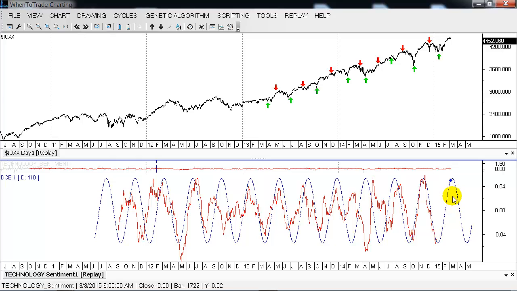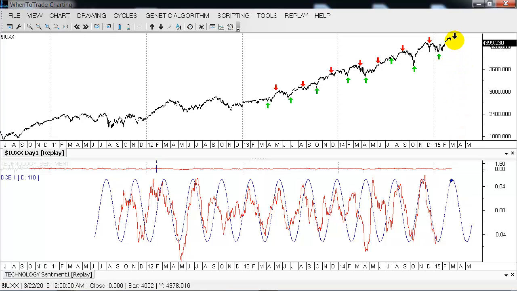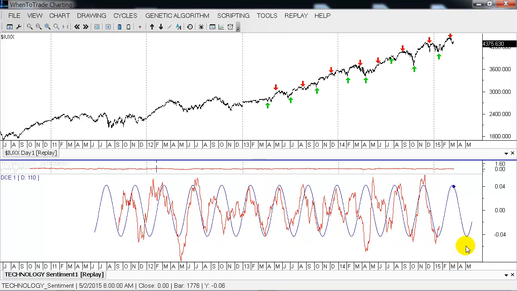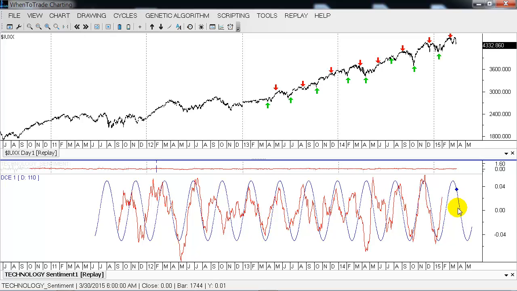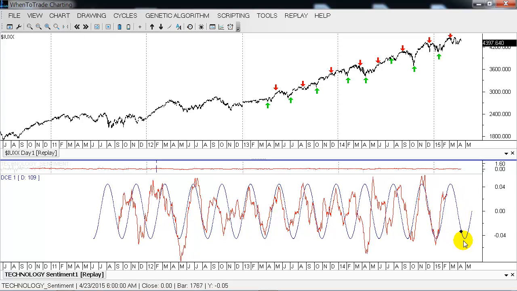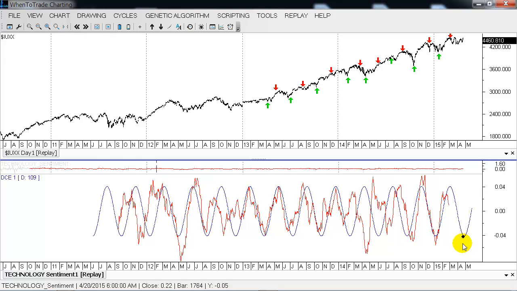So here we are coming now to the point where the cycle is expected to top. Price just started a little bit to turn, so this is the expected topping area in regards to price, and now we would expect sentiment to move down into end of April this year. So let's just move forward bar by bar until we are approaching the next turning point of sentiment, which is expected to arrive somewhere now.